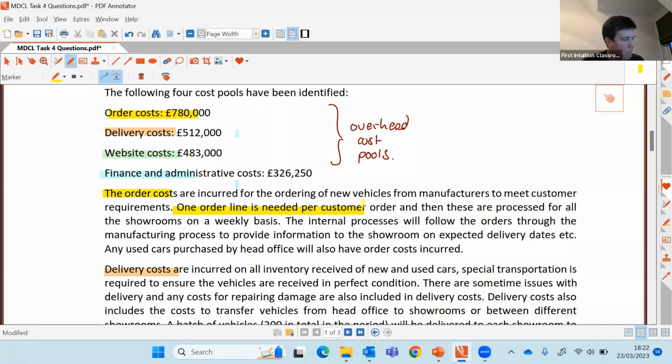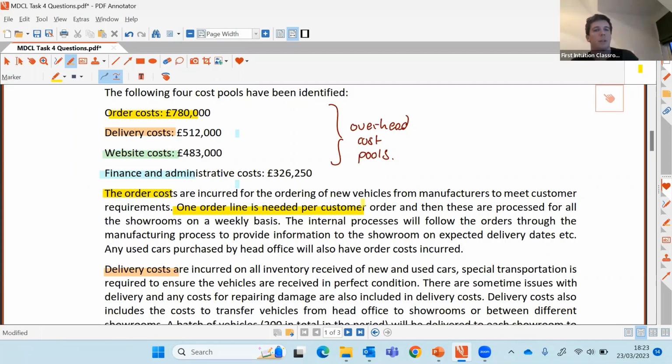Okay. You're then told, as you complete the paragraph, the internal processes will follow the orders through the manufacturing process, provide information to the showroom on expected delivery dates. Any used cars purchased by head office will have order costs included.